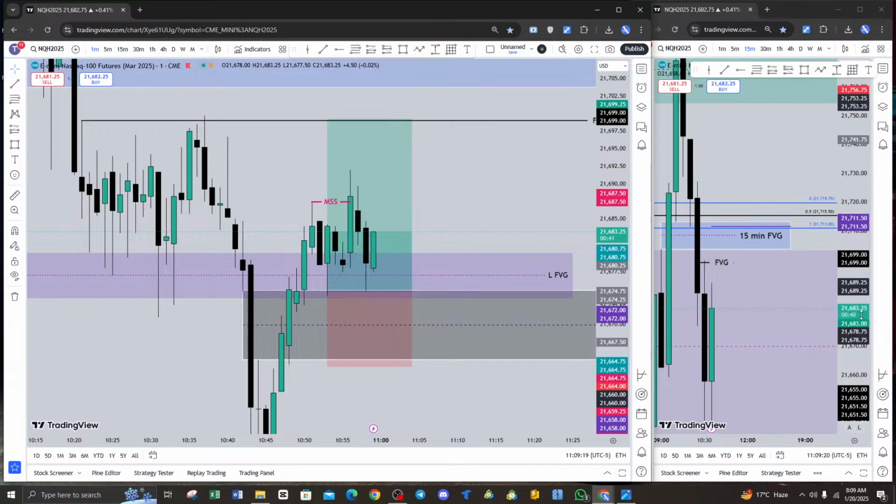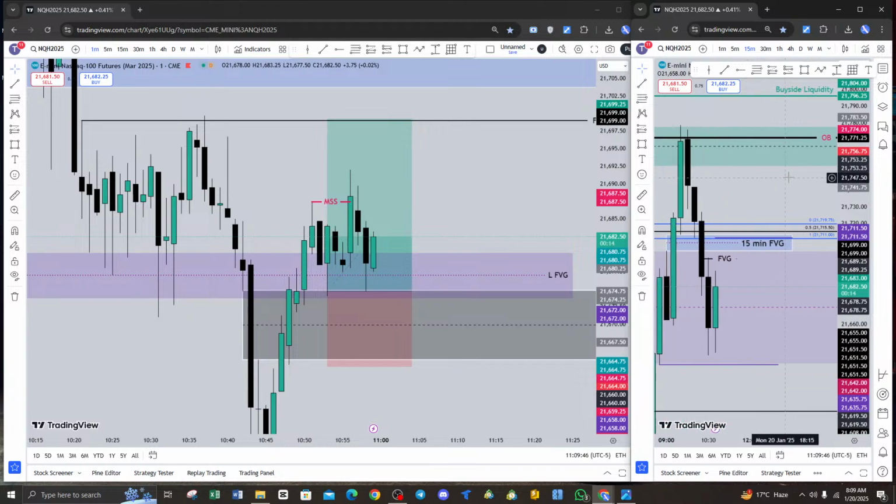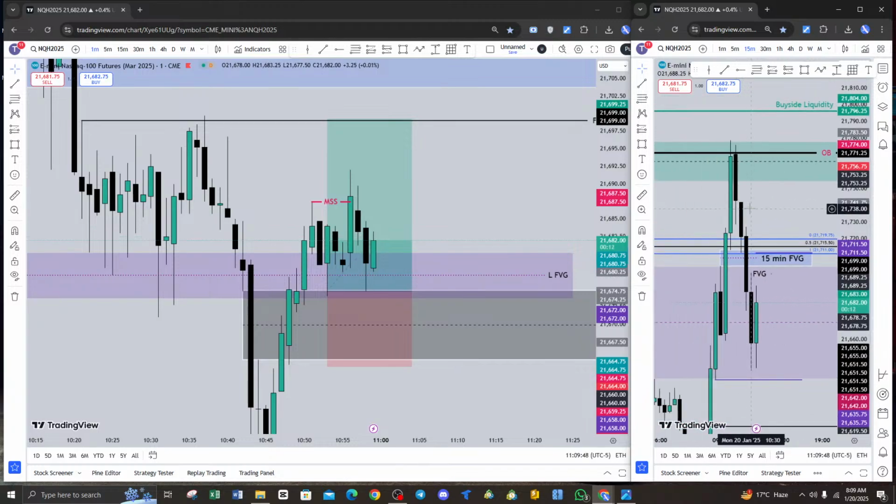As we can see, 40 seconds left. If within 40 seconds this candle closes above this 50%, I will change my bias to bullish. Okay, let's see, 20 more seconds, and I would like to go for a buy.